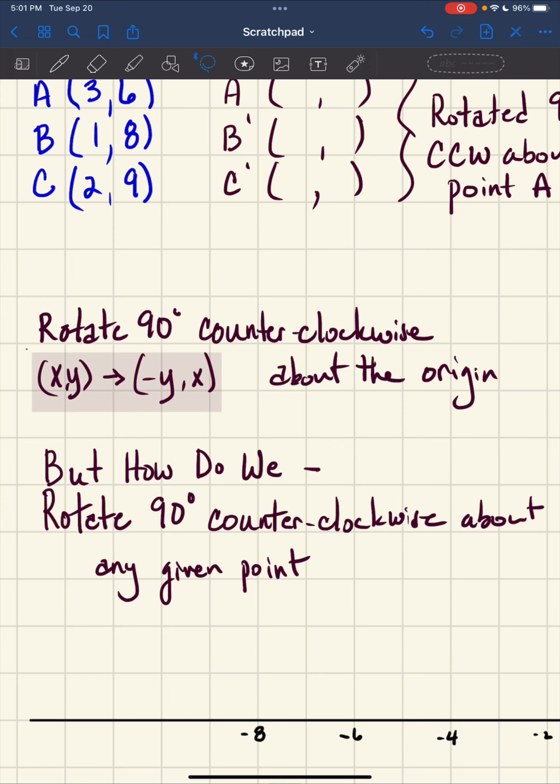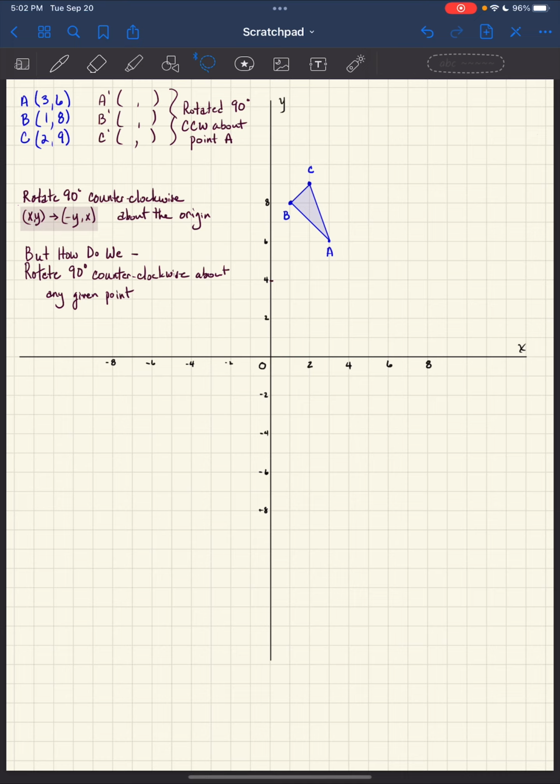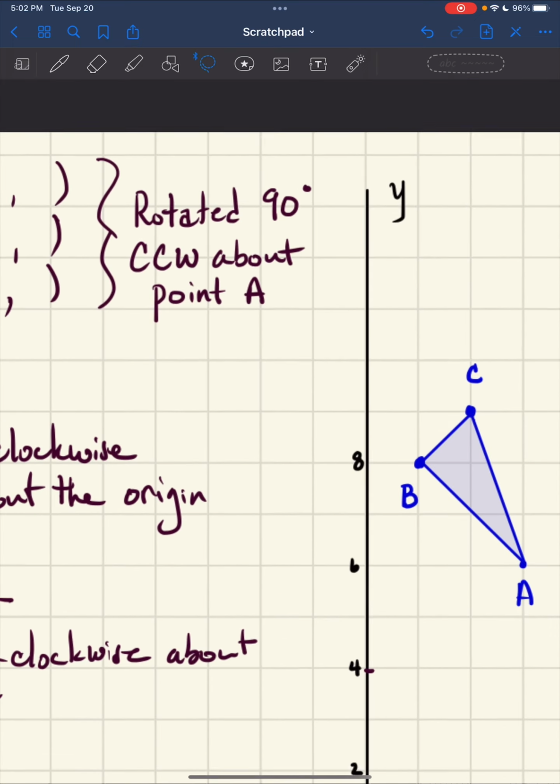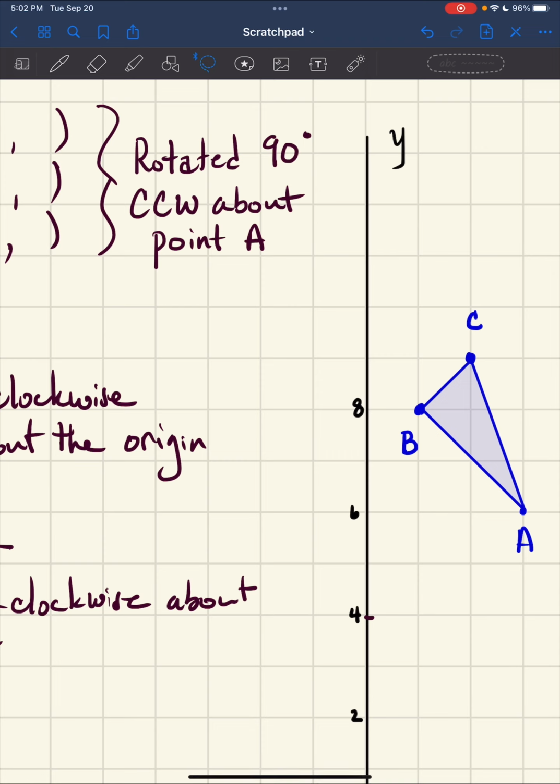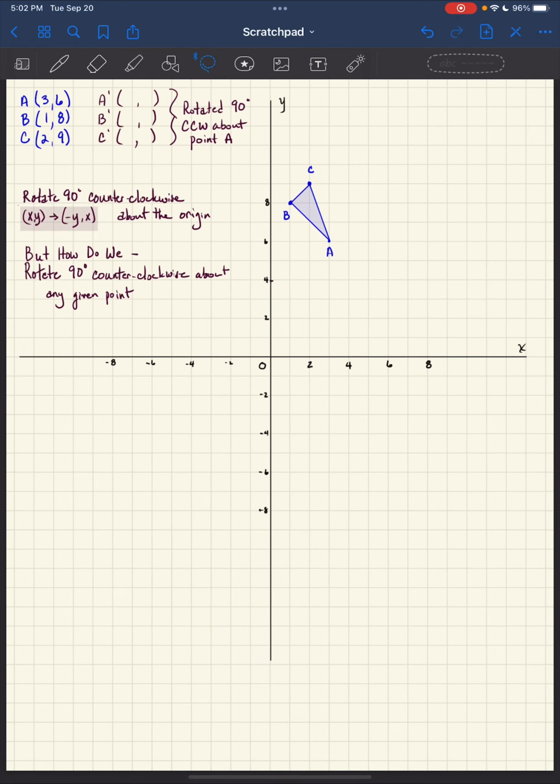Clearly we can't do that same thing and call it rotating about a different point besides the origin, because that would just rotate it about the origin. So how do we rotate 90 degrees counterclockwise about some other point? In our case, we're going to rotate about point A, just like we did yesterday, and use point A for our point of rotation.